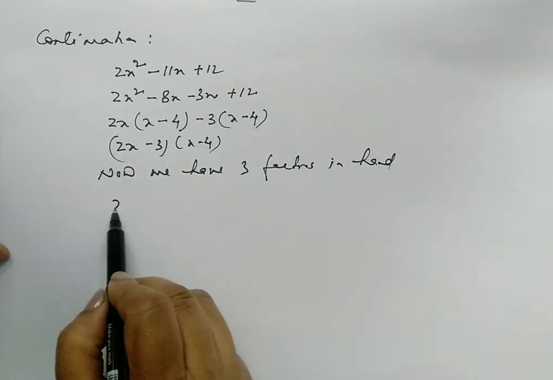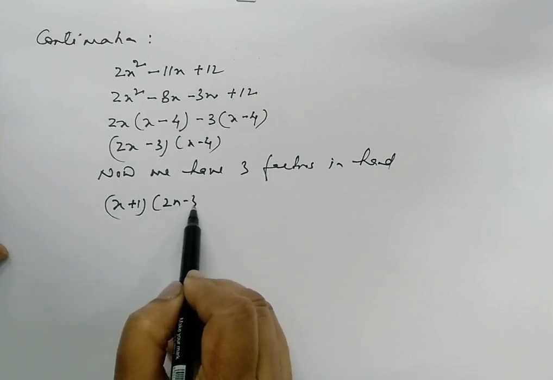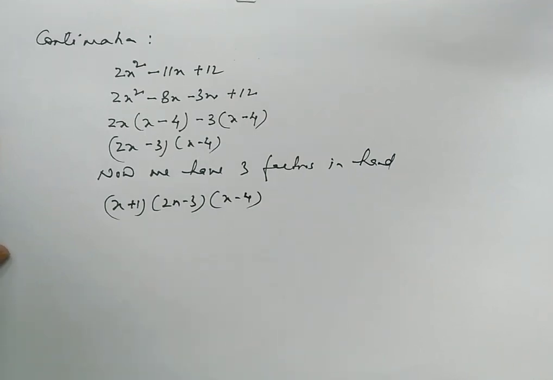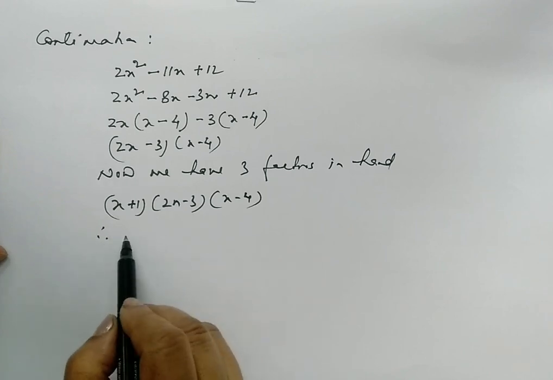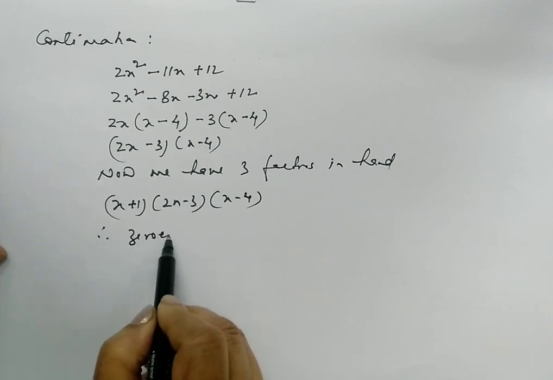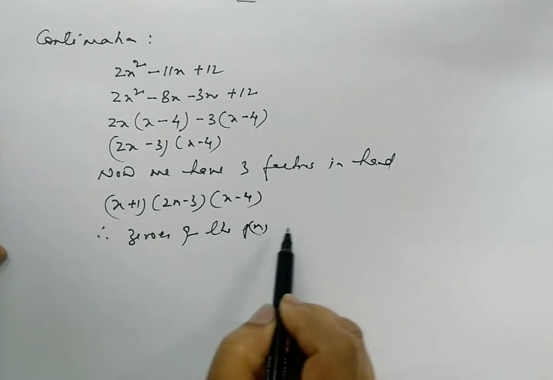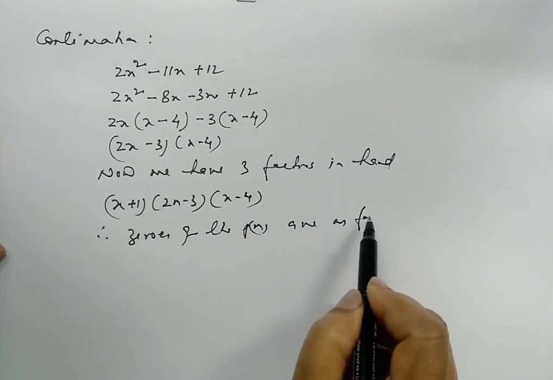So the earlier one was x plus 1. Here we have 2x minus 3, and this is x minus 4, which means that the zeros of the p(x), okay, are as follows.